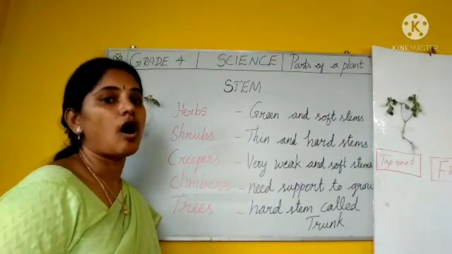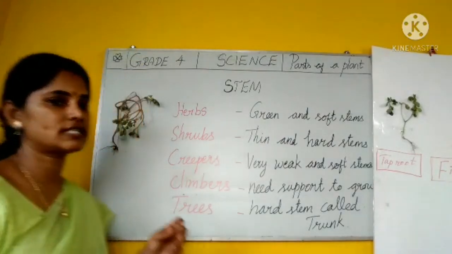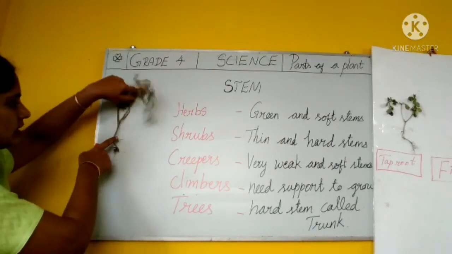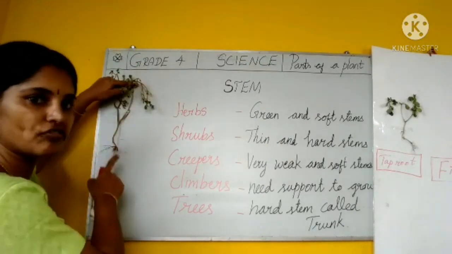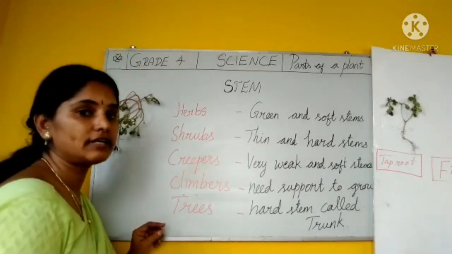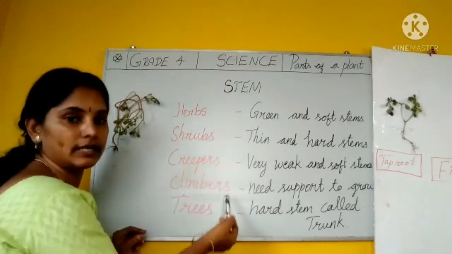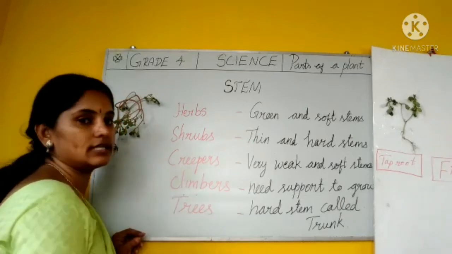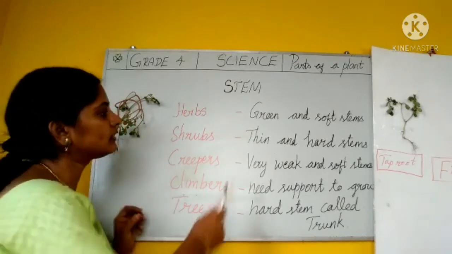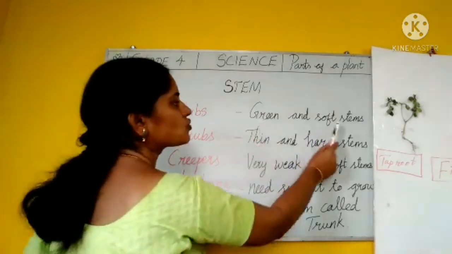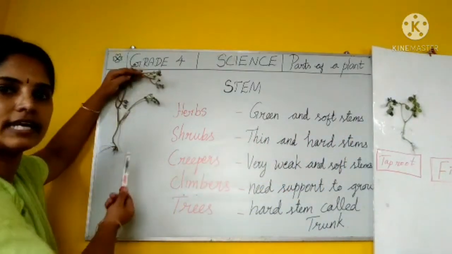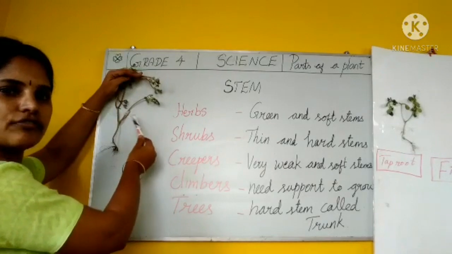See, children, according to the nature of the stem, plants can be divided into five categories. If the stem is green and soft, look at this stem, it is green and very soft, isn't it?